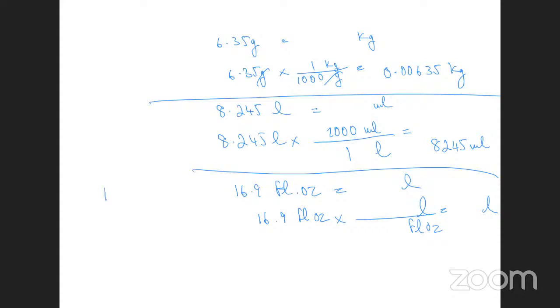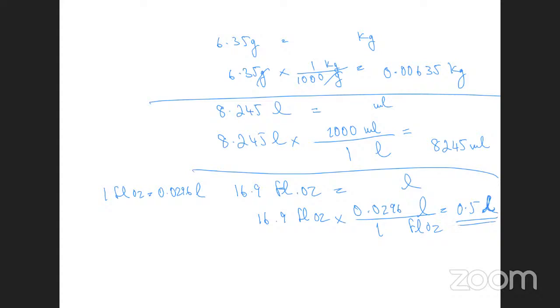What I have here is 1 fluid ounce equals 0.0296 liters. Now that we have the value 0.0296, I get roughly 0.5 liters. This is L, liters.